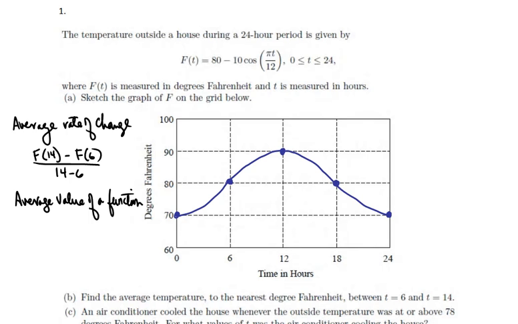The average value of the function comes from the idea of the mean value theorem for integrals, which says that an integral, the area under the curve of a function f of x from a to b, or the area under an irregular shaped curve from a to b, is equal to a rectangle that has the same base, b minus a, and has a height given by some point on the curve within that interval.